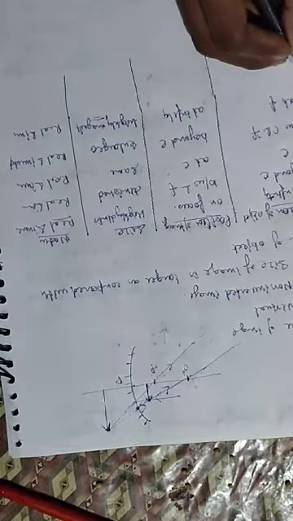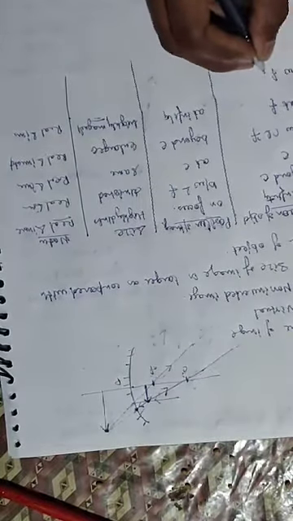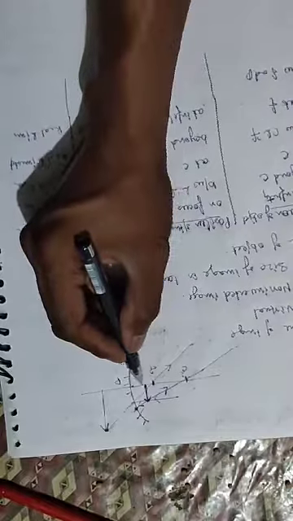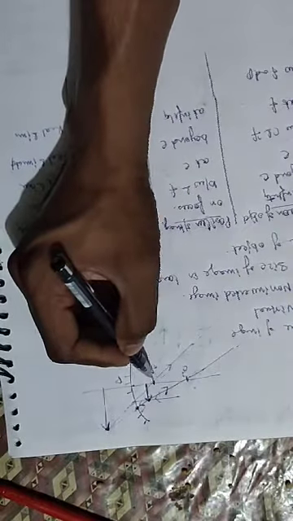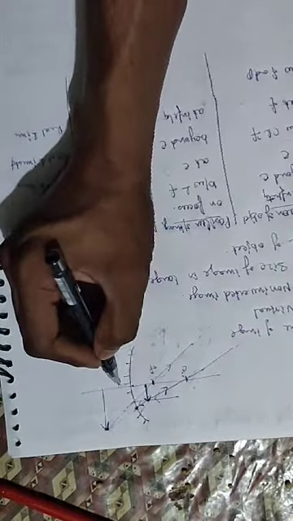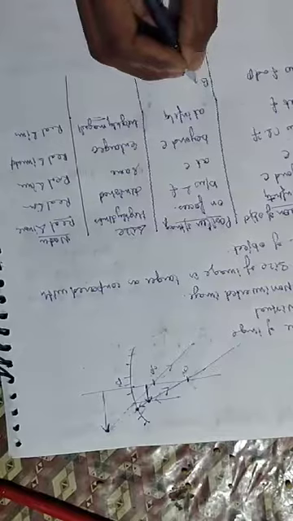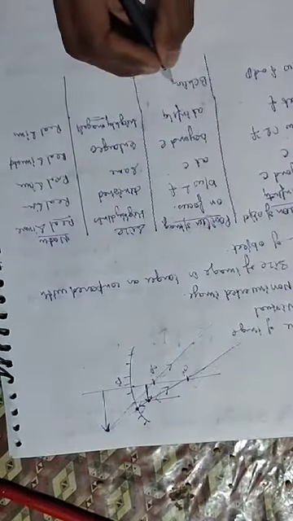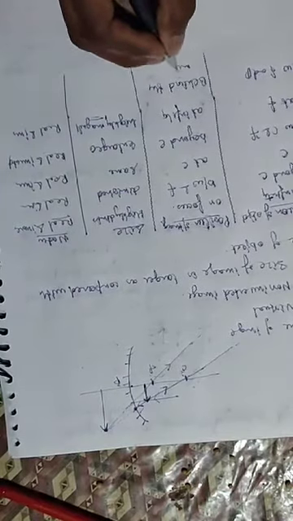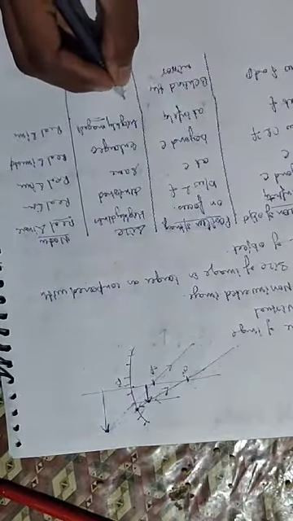So when the object is between focus and pole, I have already drawn the image. When the object is between focus and the pole, the image formed is a virtual image. It is behind the mirror. This is in front of the mirror, this is behind the mirror. The image is formed behind the mirror, and in large size.